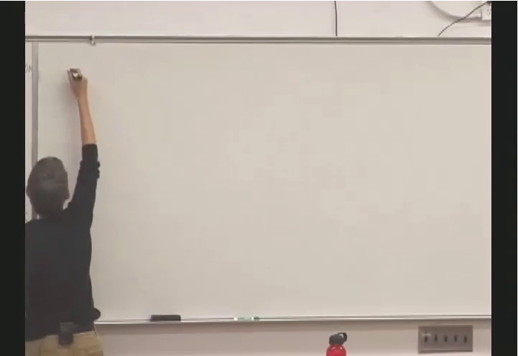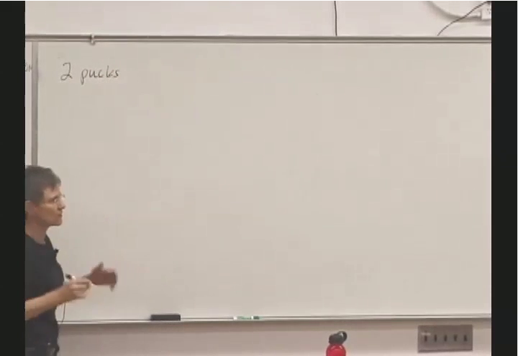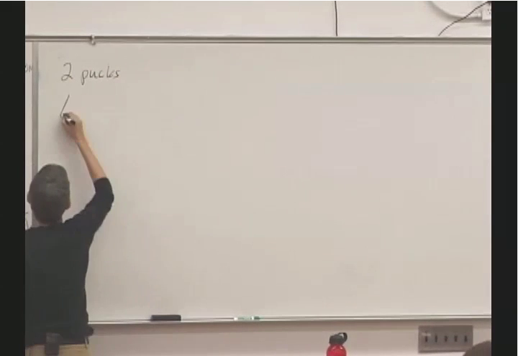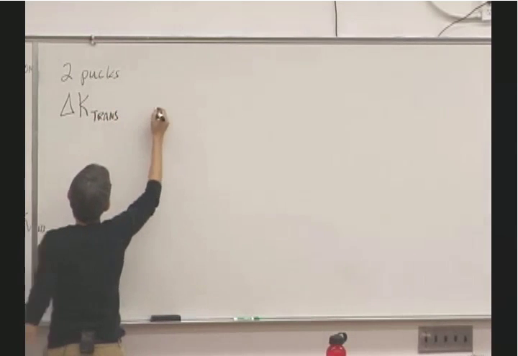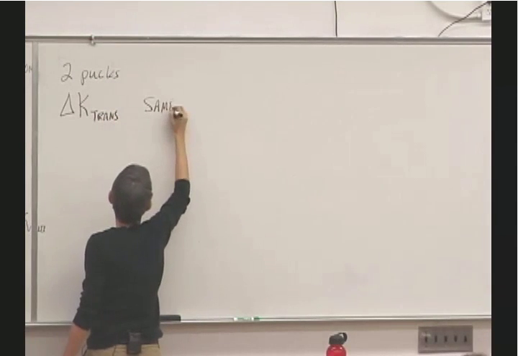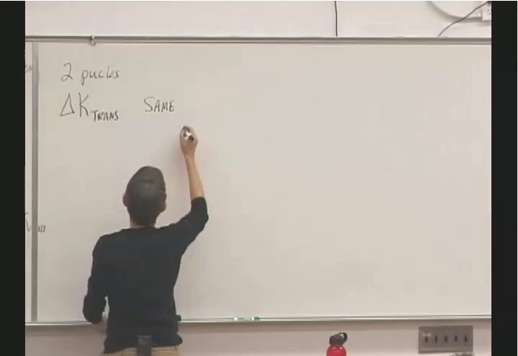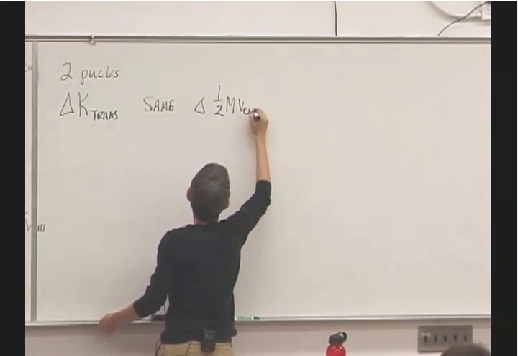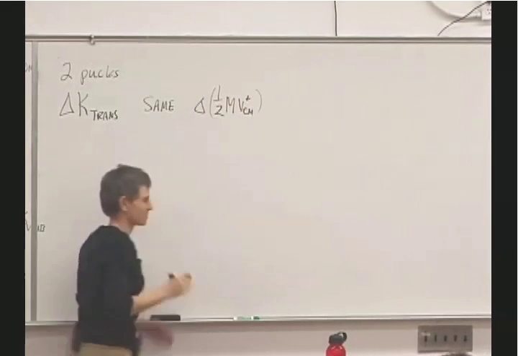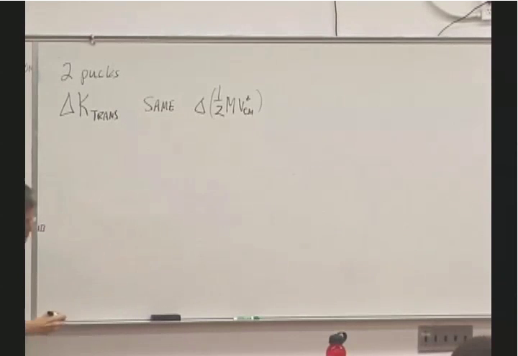In terms of energy, the two pucks, we found that the change in translational kinetic energy, so change in K translation, was the same. And this is the change in a half m total v center of mass squared, because they ended up going from 0 to exactly the same speeds.